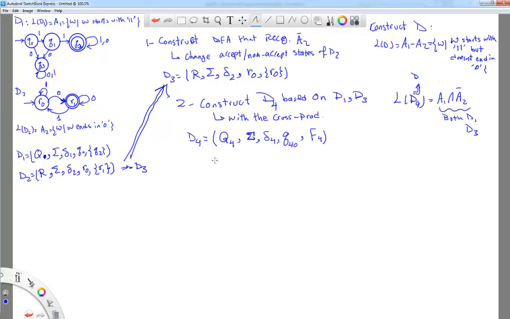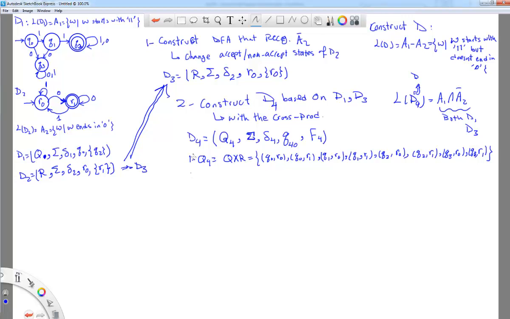So from here, Q sub 4 is going to be the cross product of Q and R. So it's going to be Q sub 0, R sub 0, Q sub 0, R sub 1, Q sub 1, R sub 0, Q sub 1, R sub 1, Q sub 2, R sub 0, Q sub 2, R sub 1, and finally Q sub 3, R sub 0, and Q sub 3, R sub 1.